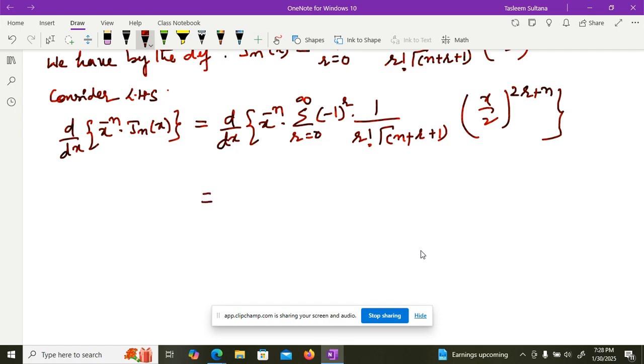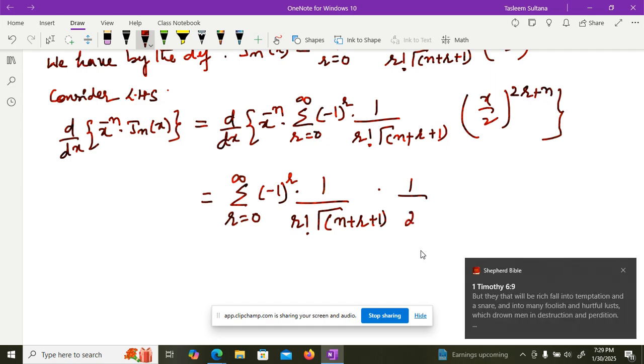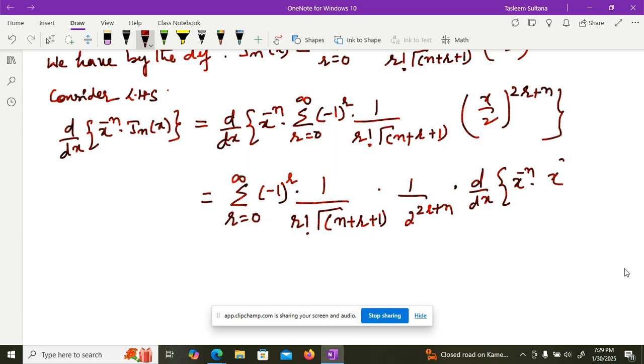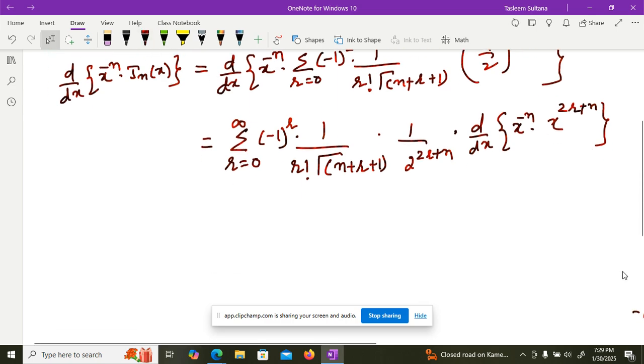So that is equal to summation r equals 0 to infinity, minus 1 to the power of r into 1 divided by r factorial gamma of n plus r plus 1, then 1 divided by 2 to the power of 2r plus n, into d by dx of x to the power of minus n into x to the power of 2r plus n. If the bases are the same, the powers are added.